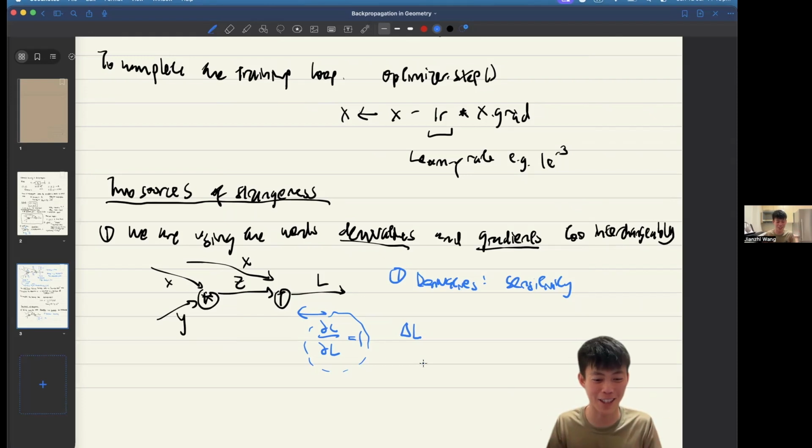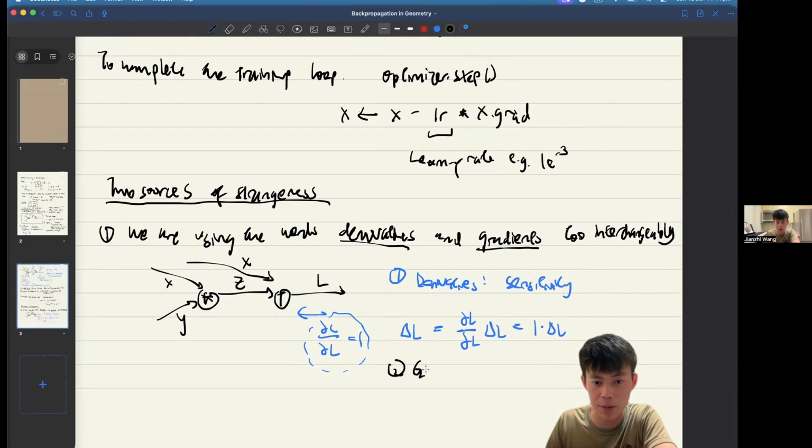I said the same sentence twice because that is precisely what is happening here. The dL that is appended to the loss is partial L over partial L, which is 1, times dL. This is exactly right. From the perspective of gradient, if, let's say, the computation graph just ends here, then what does this really mean? It just means that we should update our loss by 1, right?